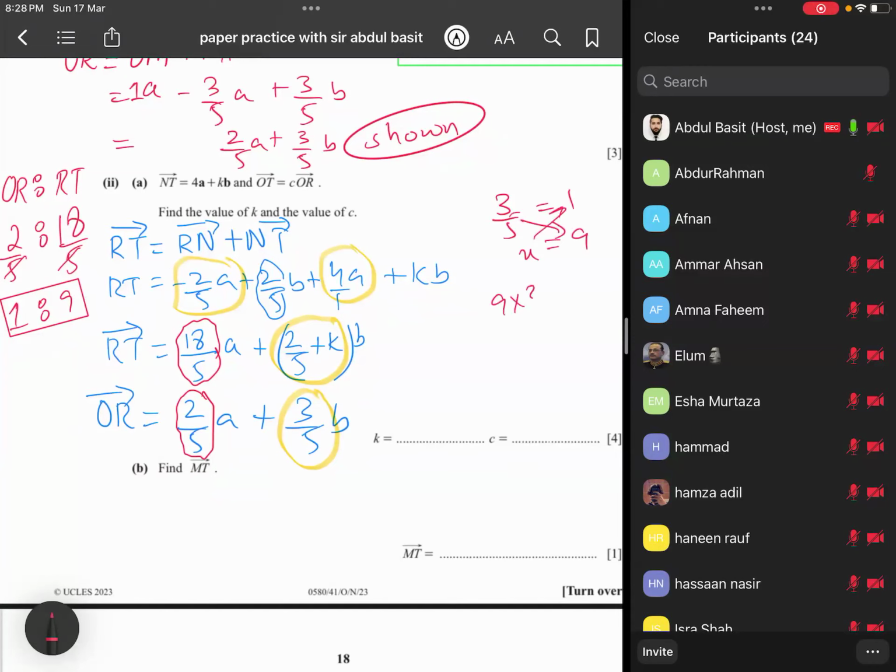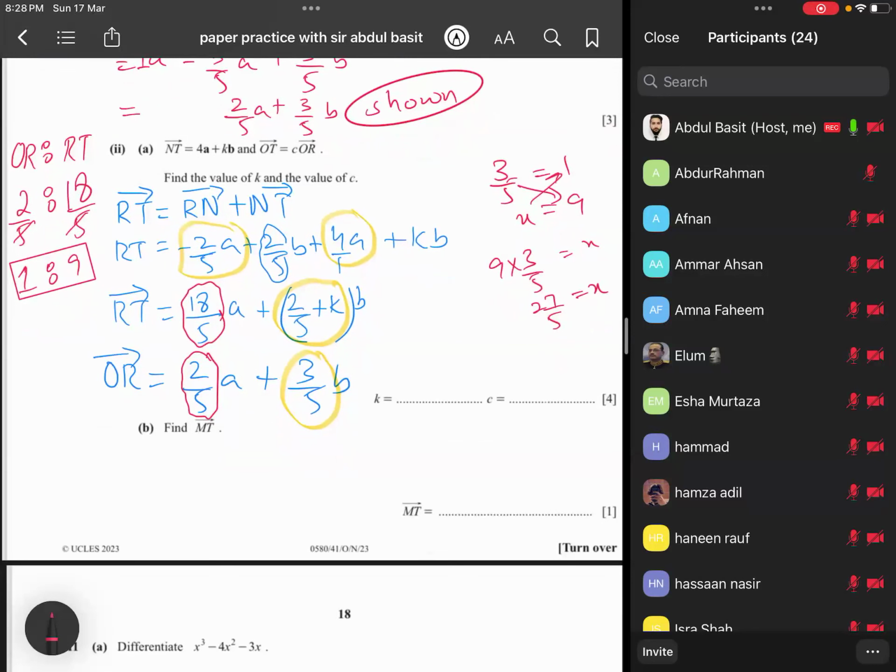So 9 multiplied by 3 by 5 is equal to x. 9 threes are 27. 27 divided by 5 is equal to x. So beta, let me erase this part for a while, I need a space here. I can say that 2 by 5 plus k is equal to 27 by 5. Agree or not?